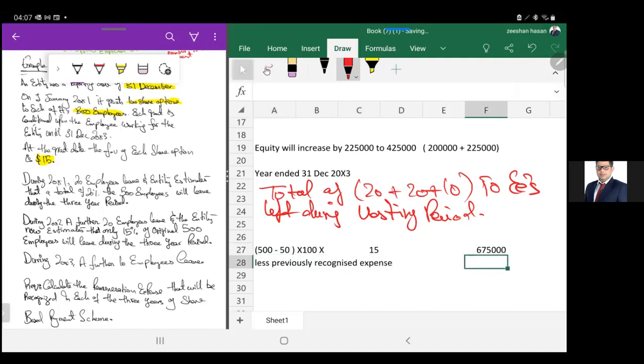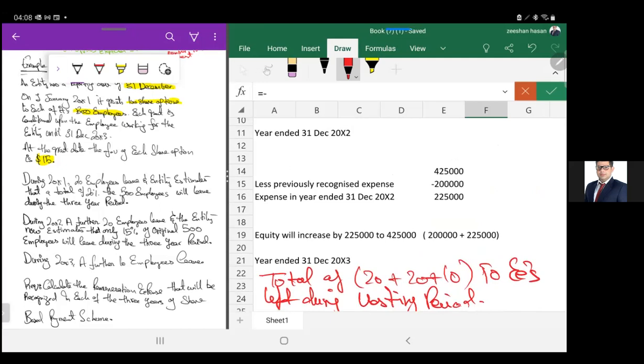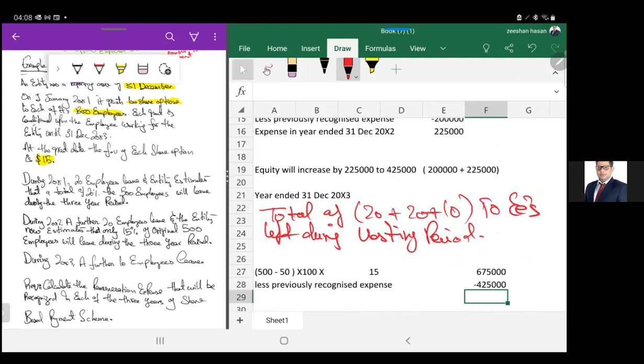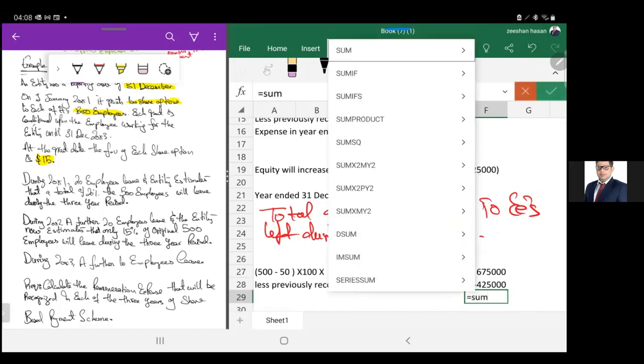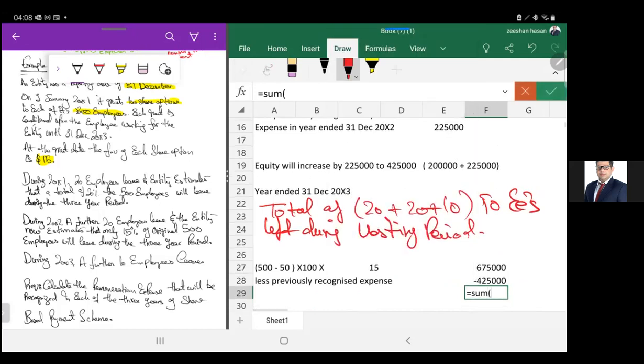Now, less previously recognized expense. What was that? Is equal to minus, simply for the 2 years, 425,000. Is equal to sum, this. I'm adding because we already put it minus over here.